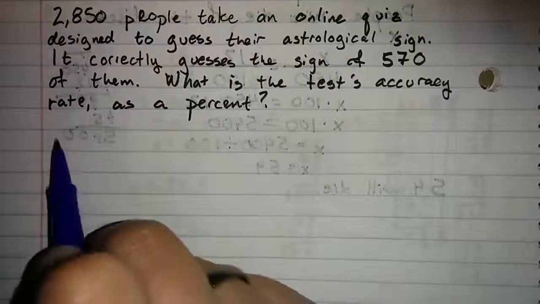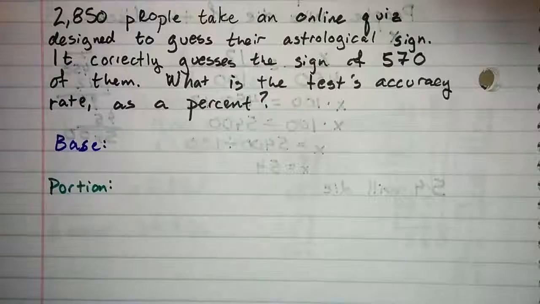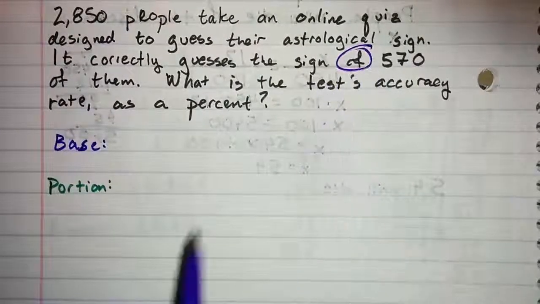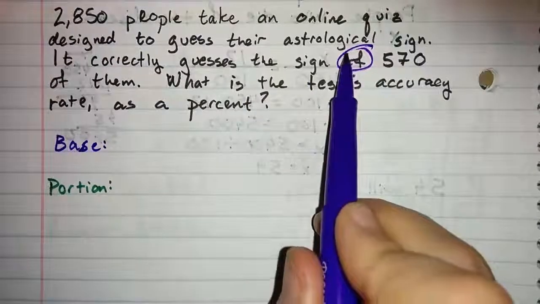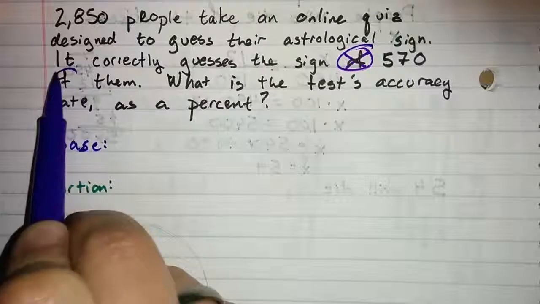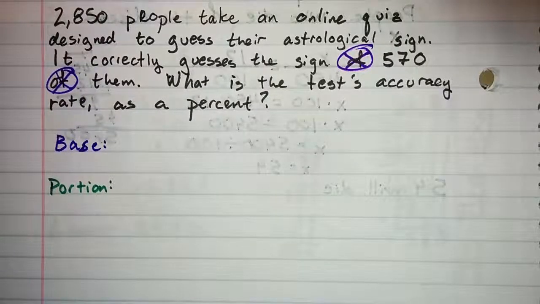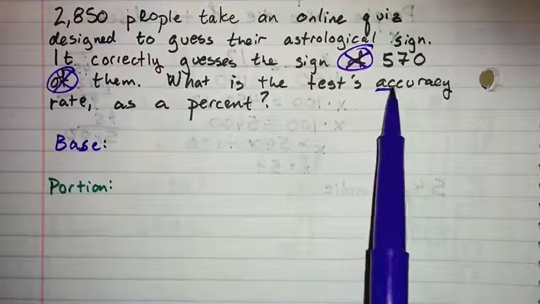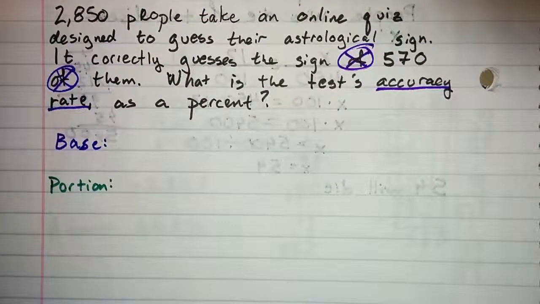All right, so we're looking for the base and for the portion. In looking for the base, we might look for that phrase percent of. All right, I see the word of. Oh, no. That's not part of that phrase. It isn't here either. Accuracy rate. What does it mean to be accurate?